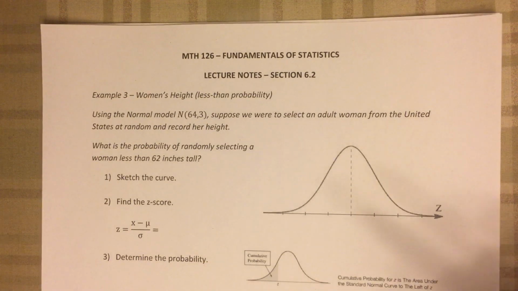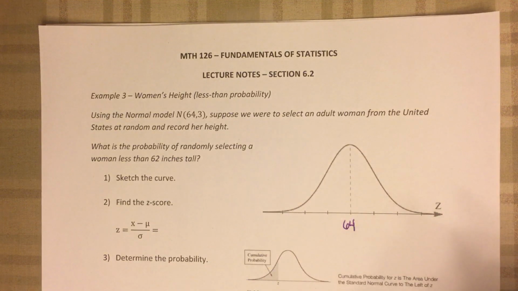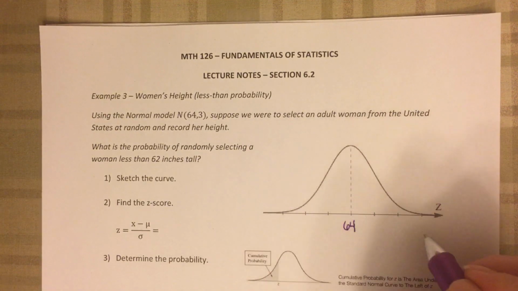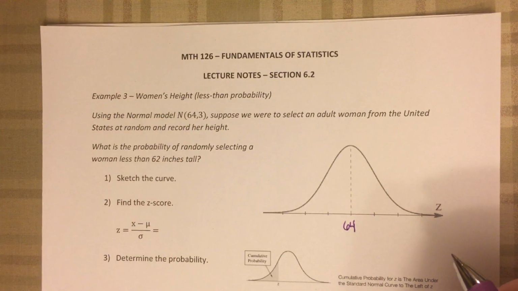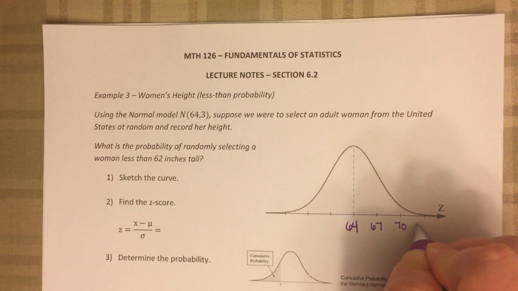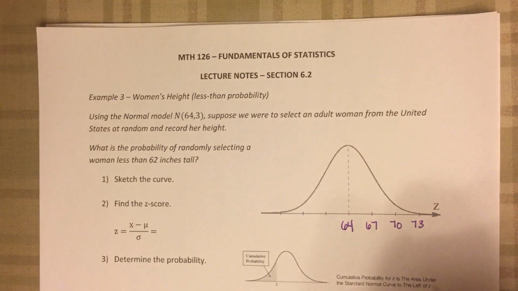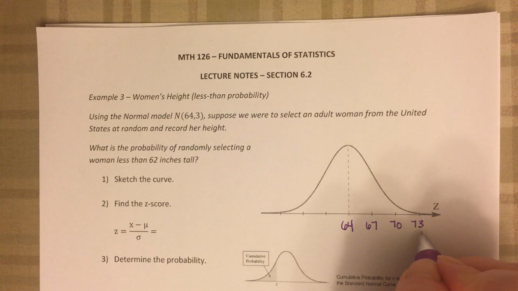Again, the first thing we do when we draw our picture is label our values along our normal curve. The first number after the N is our mean, so in this case, our mean is 64. As we move to the right, we add 3 each time: 64 plus 3 is 67, plus 3 is 70, plus 3 is 73.